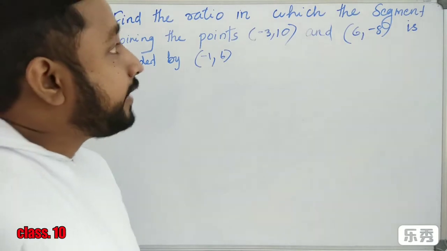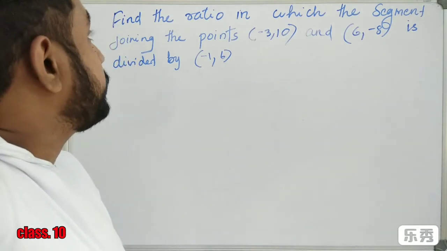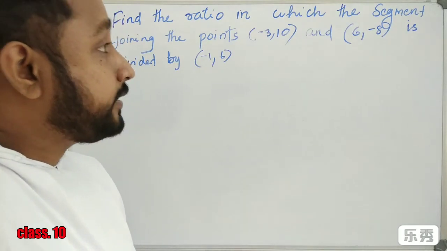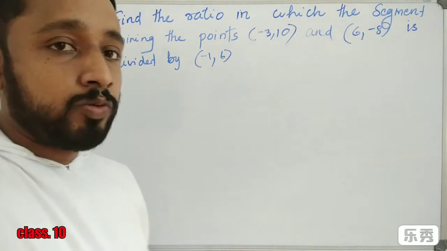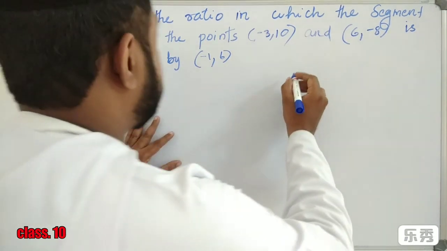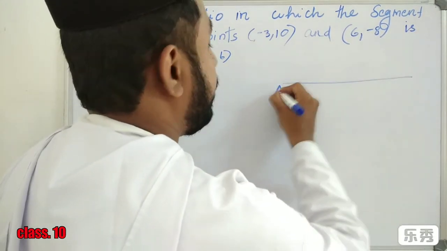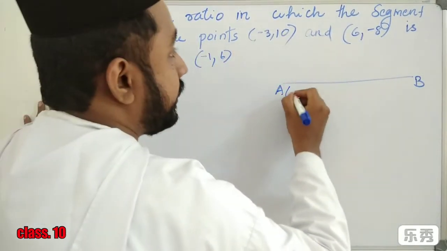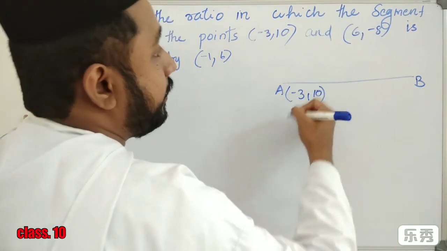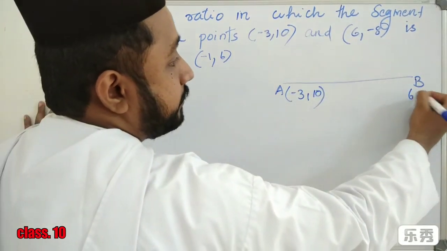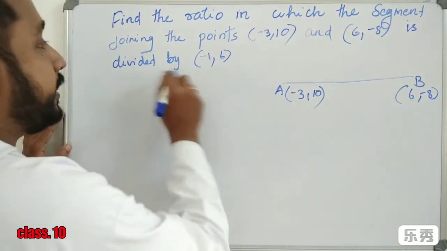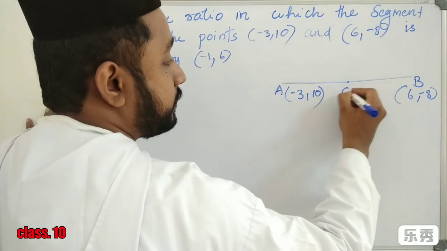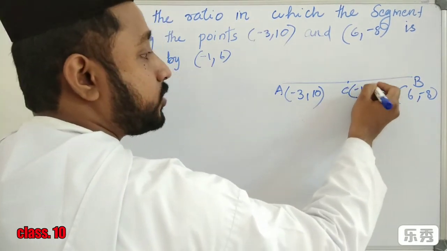Another question: find the ratio in which the segment joining the points (minus 3, 10) and (6, minus 8) is divided by (minus 1, 6). So we have a line segment, for example, A and B, two points. The line segment joins the points A (minus 3, 10) and B (6, minus 8), and is divided by a point, let us denote it C, that is (minus 1, 6).